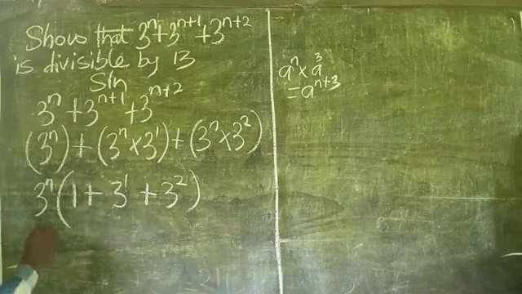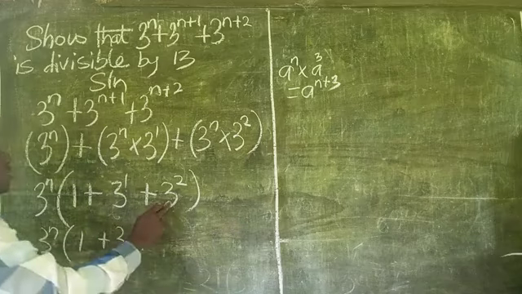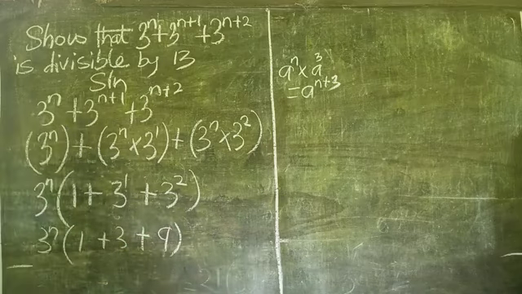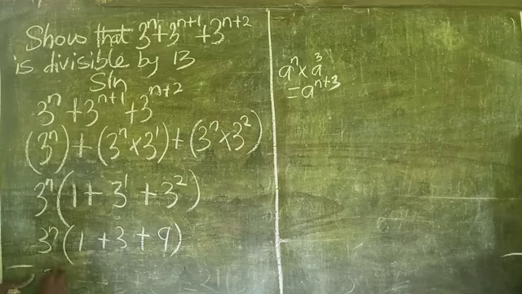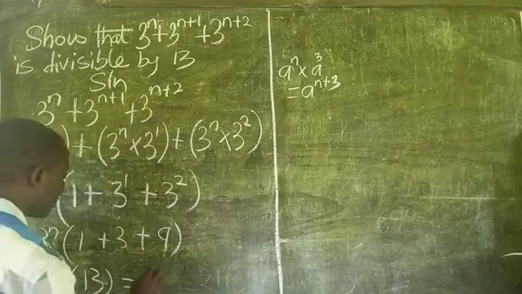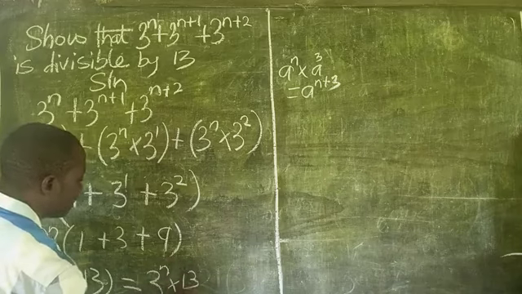And this is 3 raised to power n times (1 plus 3 plus 3 times 3, which is 9). You see this? And 3 raised to power n, 9 plus 3 plus 1, this is 13. Our answer is 3 raised to power n times 13.